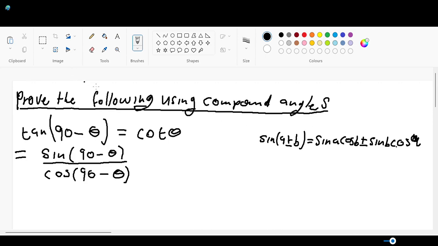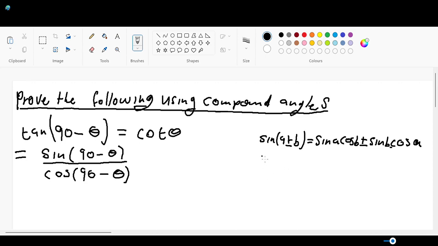Actually, let me go back, guys. Let me undo this. There we go. This is A. Okay, so multiply them. Alright, this is the compound angle formula for sine.